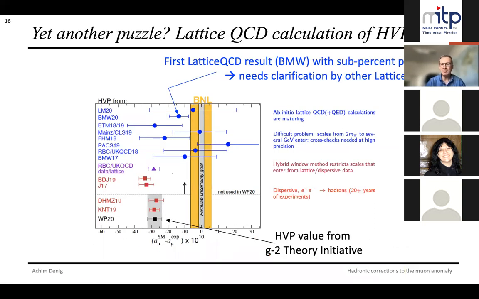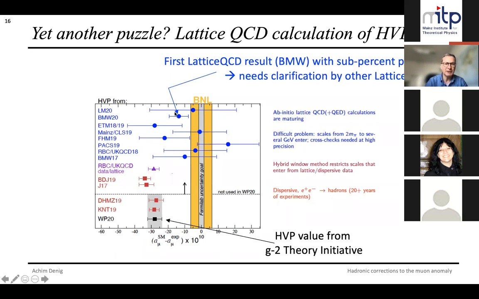This is actually a plot from the theory initiative. Here you see the HVP number I've been showing, previous dispersive estimates here. And in blue, you see lattice data. And up to last year, the accuracy of lattice was not yet competitive with the dispersive approach.